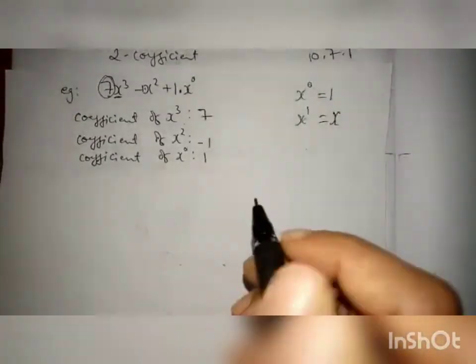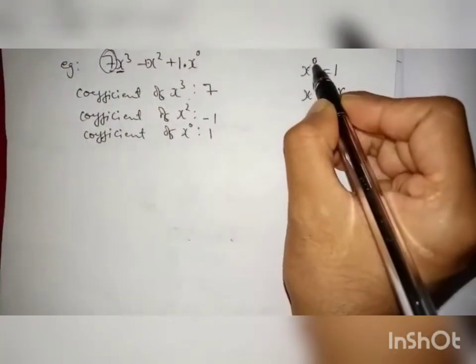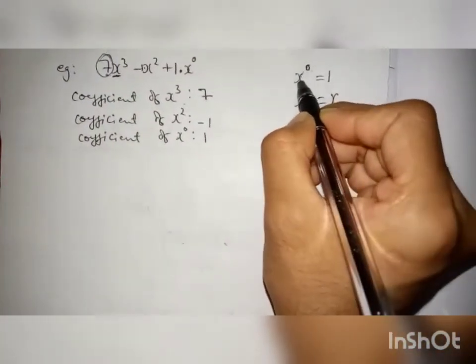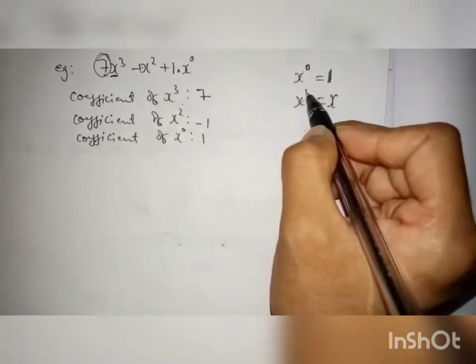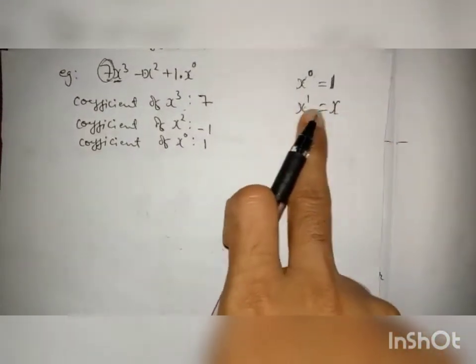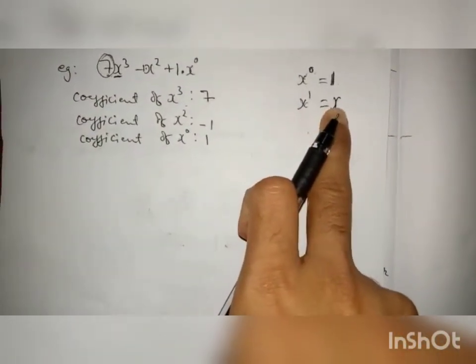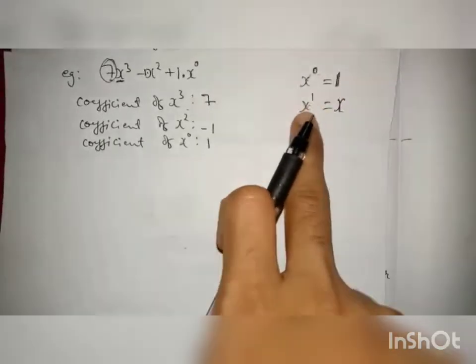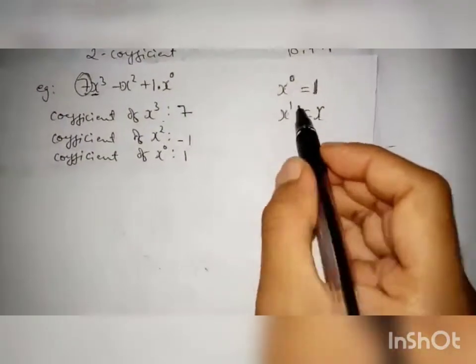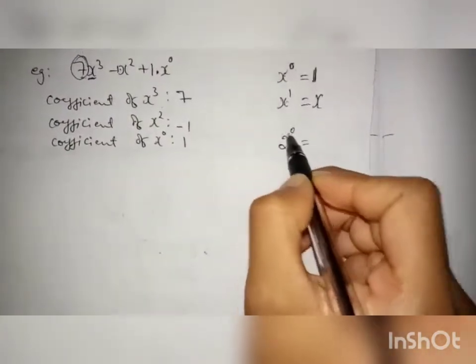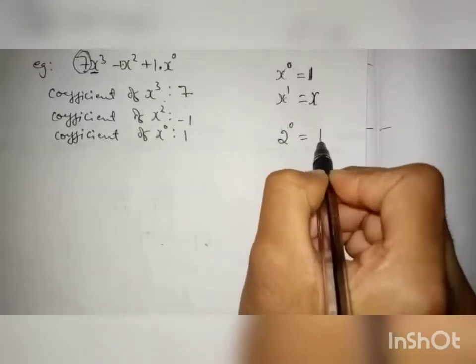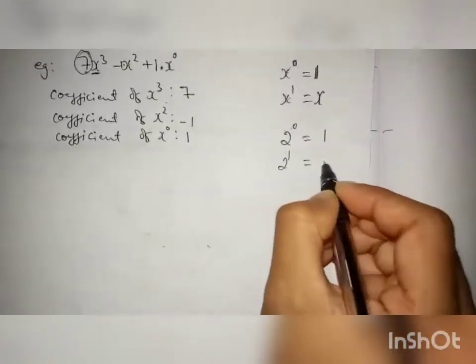If you have 0 as a power to any variable, then the value of that will be 1. If you have 1 as a power for a variable, the answer will be that variable itself. So x power 0 equals 1, and x power 1 equals x. Not only for variables, for constants also. If you take 2 power 0, the value is 1 itself. 2 power 1 is 2.